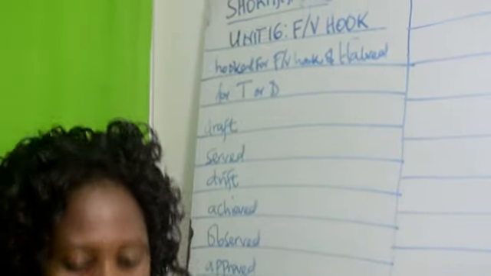Look up here, we are going to drill these words: draft, served, drift, achieved, observed, approved, derived, deserved, and gift.